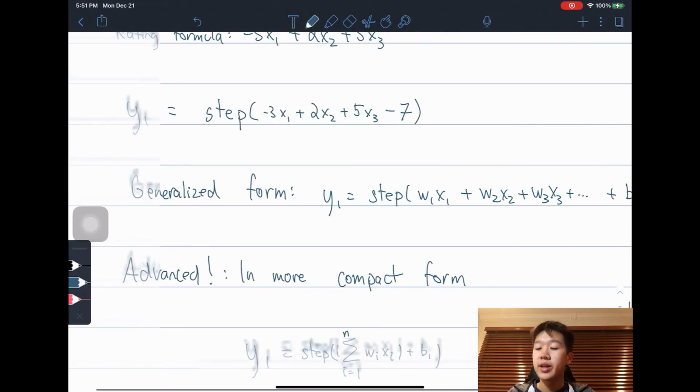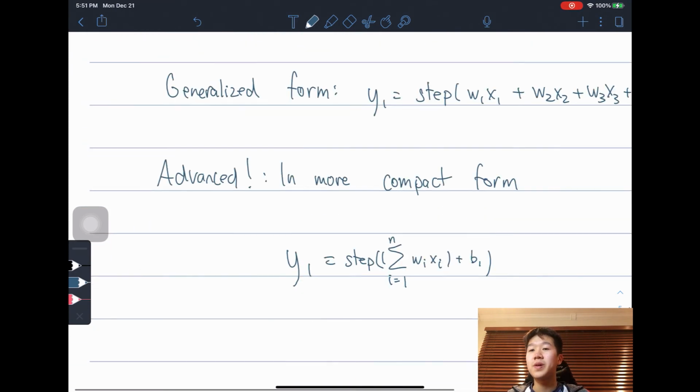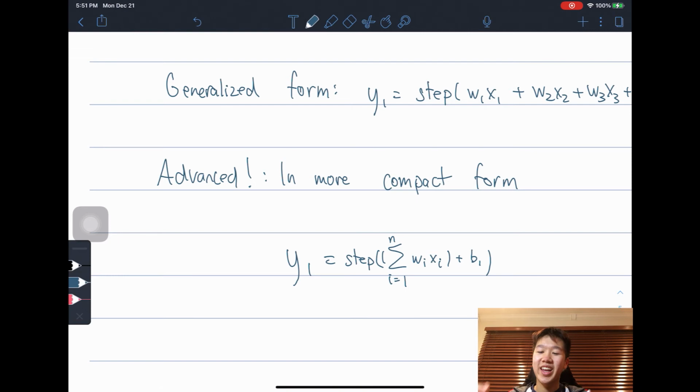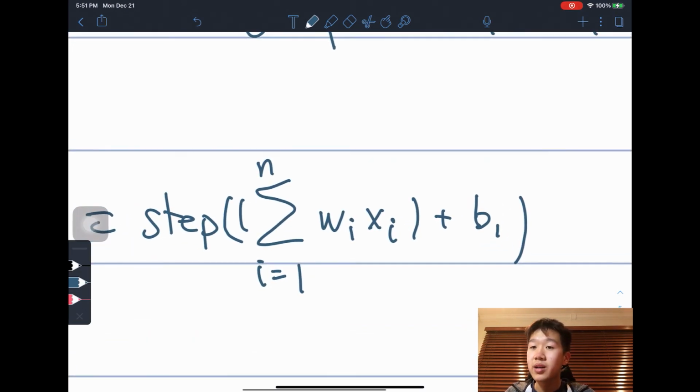We can now create an even more compact form, but it requires a more advanced mathematical notation, but you guys will get it. I'm going to use a symbol called sigma, which represents a sum.